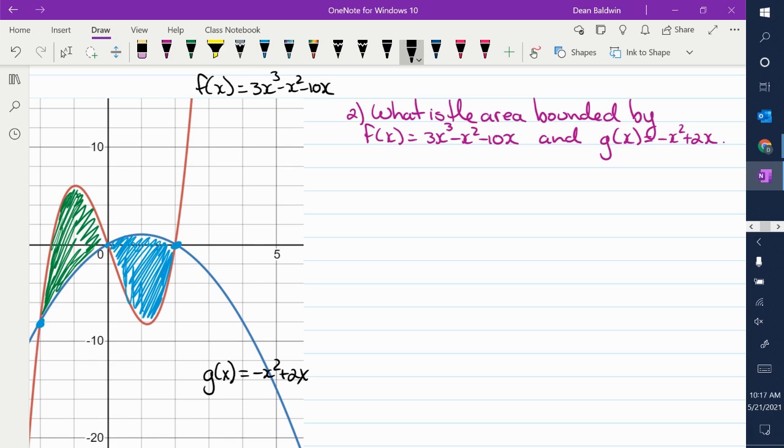Okay, do that in black. So this would be -2, that's 2. So our first integral for the green section, I'll do it in green, is going to be from -2 to 0.